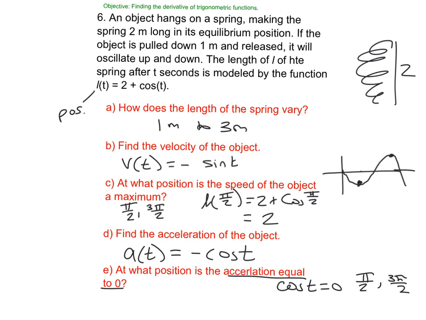At what position is the acceleration equal to 0? So then what's the position? So the position would be L. It's the same answer as letter C. So L of pi over 2. So at 2, it's at its maximum speed, and the acceleration is 0. So that's interesting.